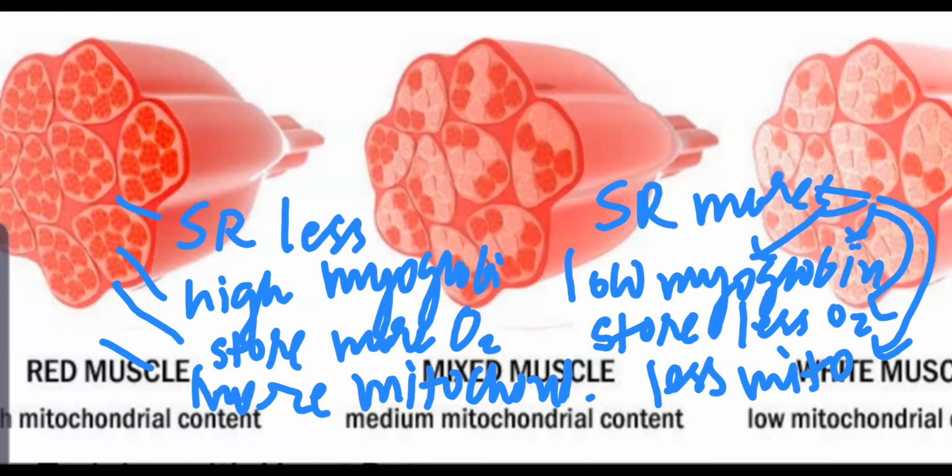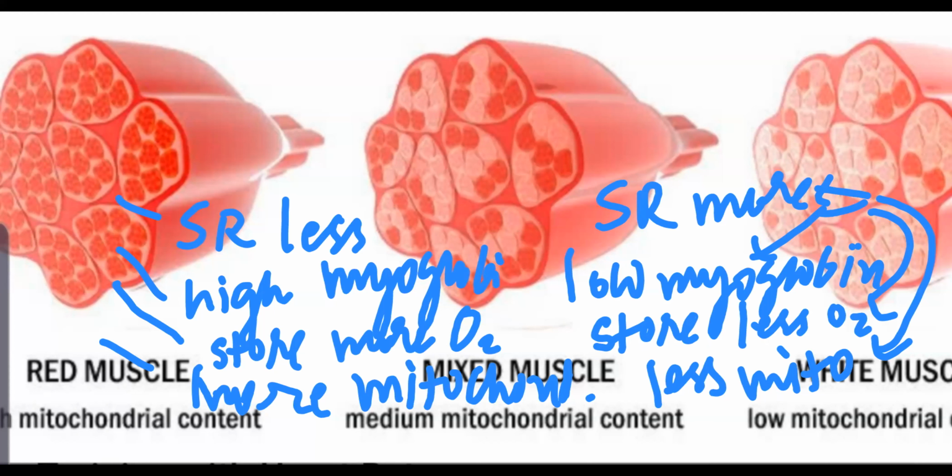So these are some of the points of difference between red and white muscles. Look, red muscles, white muscles, both are types of voluntary muscles. Red muscles are the ones in which dominantly more amount of myoglobin is present.